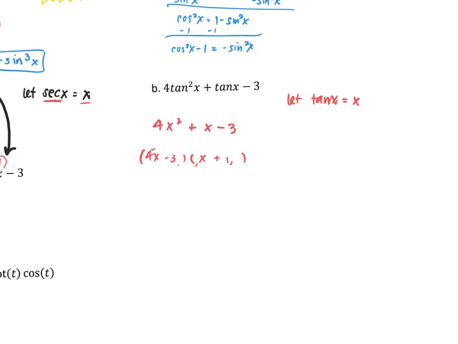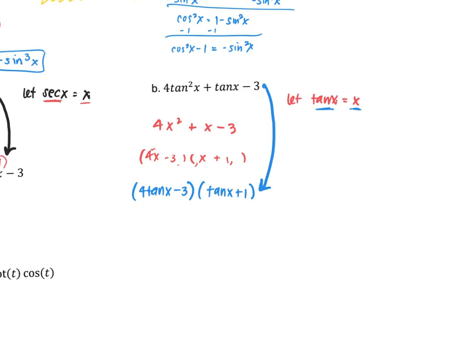So now we're going to replace all my x values with tangent x. So 4 tangent x minus 3 times tangent x plus 1. And again, you can go from here to here, and you don't have to do any of the substituting if you don't want to.